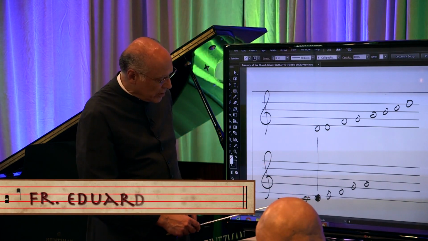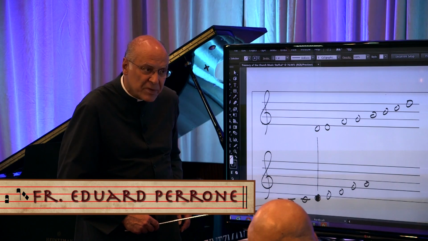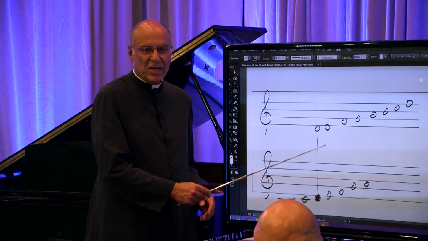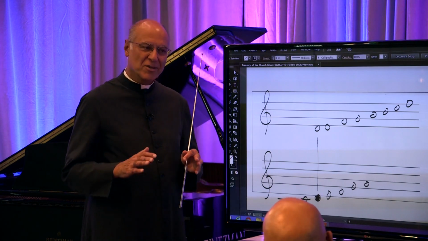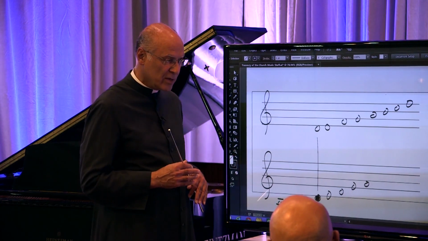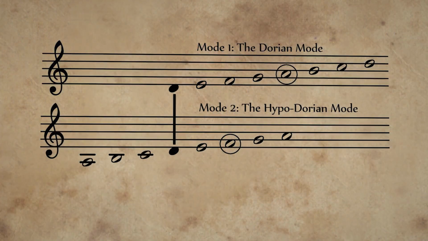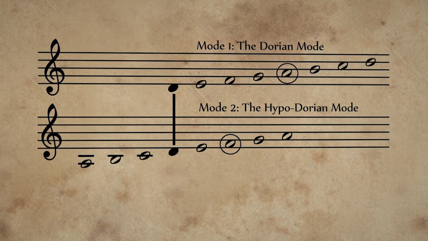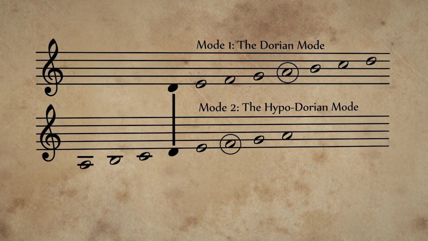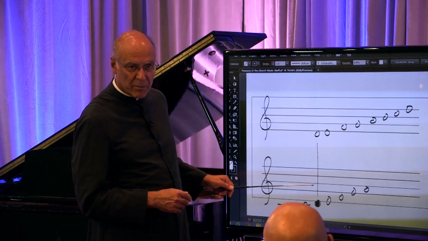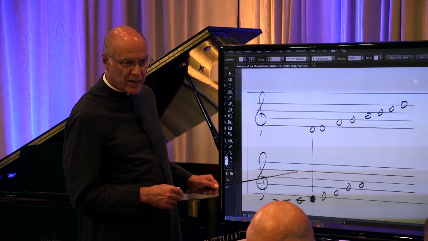It may start here, but it's going to dip down into the lower range and not go so high. When I say high and low, it's always relative, because we can transpose these to any key we want. I'm talking about high or low in relation to the home base note, this D. So Dorian, Hypodorian, the numbers 1 and 2.